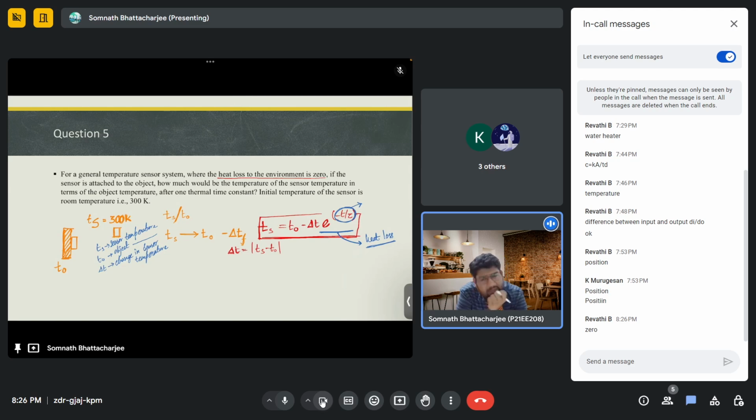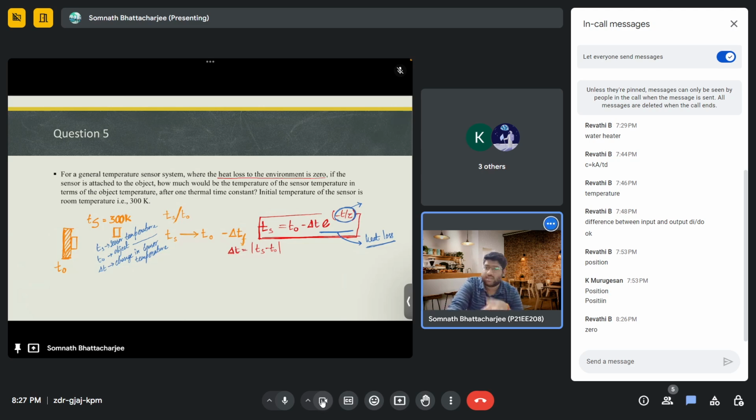Zero. Not exactly, just think about it. Because the T can't be zero, right? There should be a certain amount of temperature change in it. If there was no temperature change at all, and the environment doesn't have any heat loss or leakage, it would have been zero. That would have been the perfect answer.